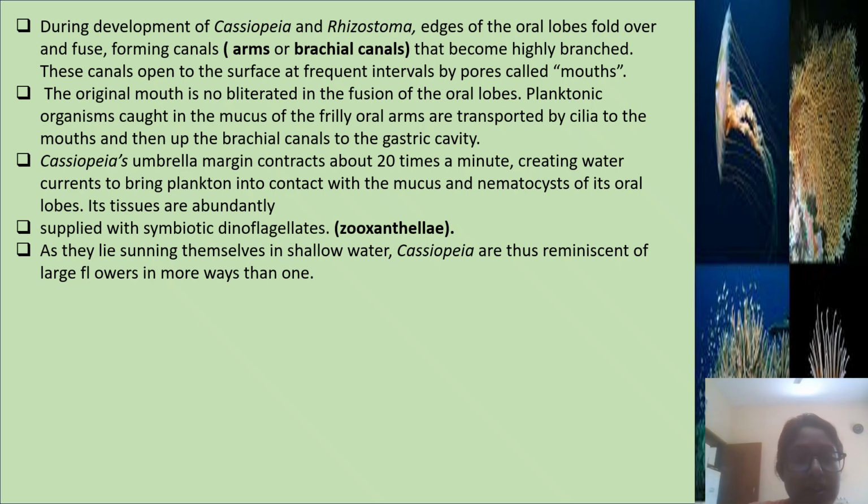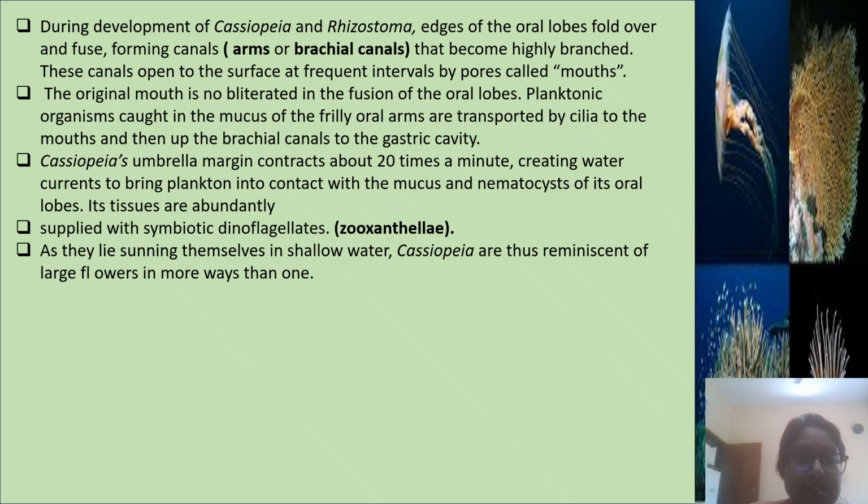Next, Cassiopeia's umbrella margin contracts about 20 times a minute, creating water currents to bring plankton into contact with the mucus and nematocysts of its oral lobes. Its tissues are abundantly supplied with symbiotic dinoflagellates, that is zooxanthellae.